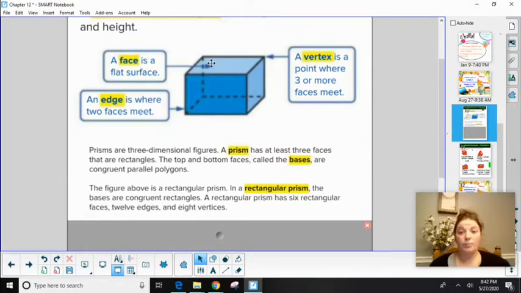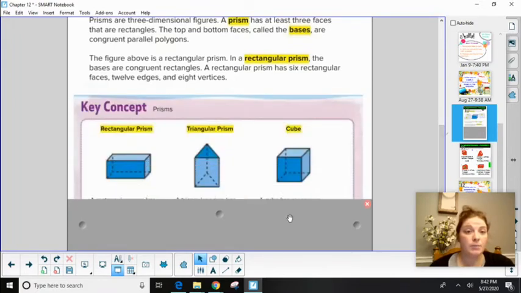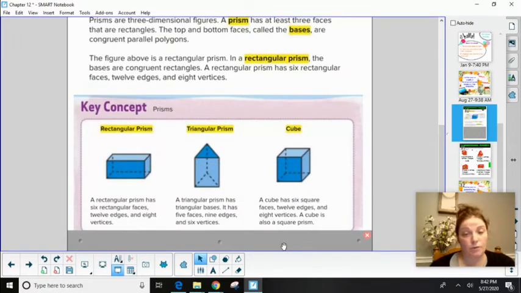A rectangular prism has 6 rectangular faces, top and bottom, left and right, front and back, 12 of these black line edges, and 8 vertices or points. Let's take a look at the 3 types of prisms that you'll be responsible for knowing today. The first is the rectangular prism.